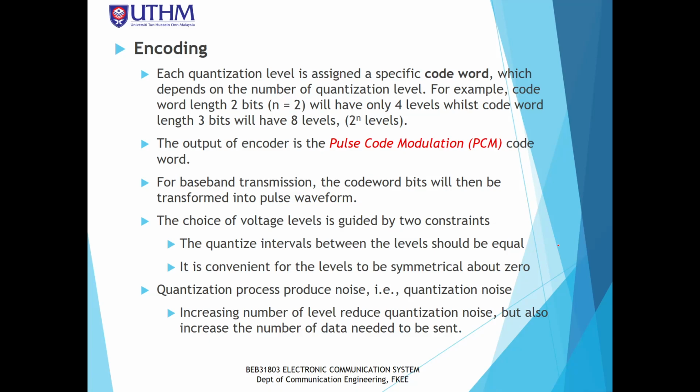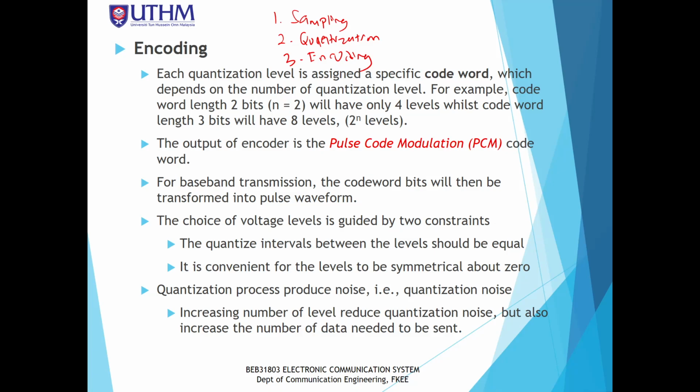The third process is encoding. Okay, remember the first is sampling, second is quantization, third is encoding. So encoding is the process of assigning a specific code word to each of the quantized levels.